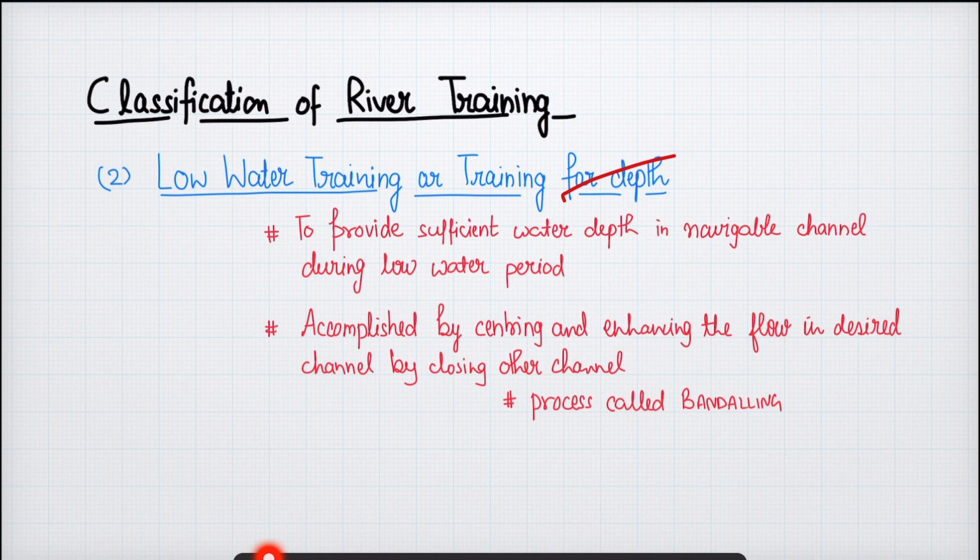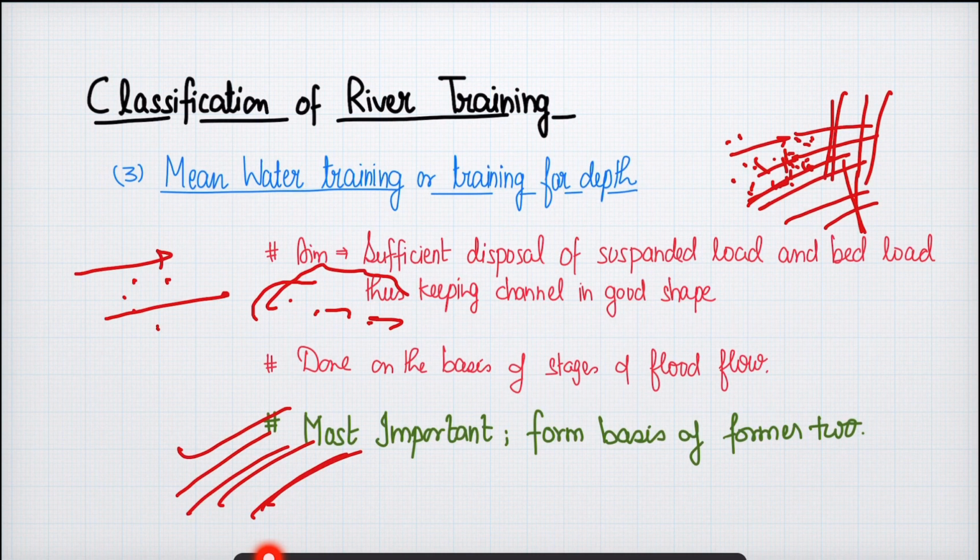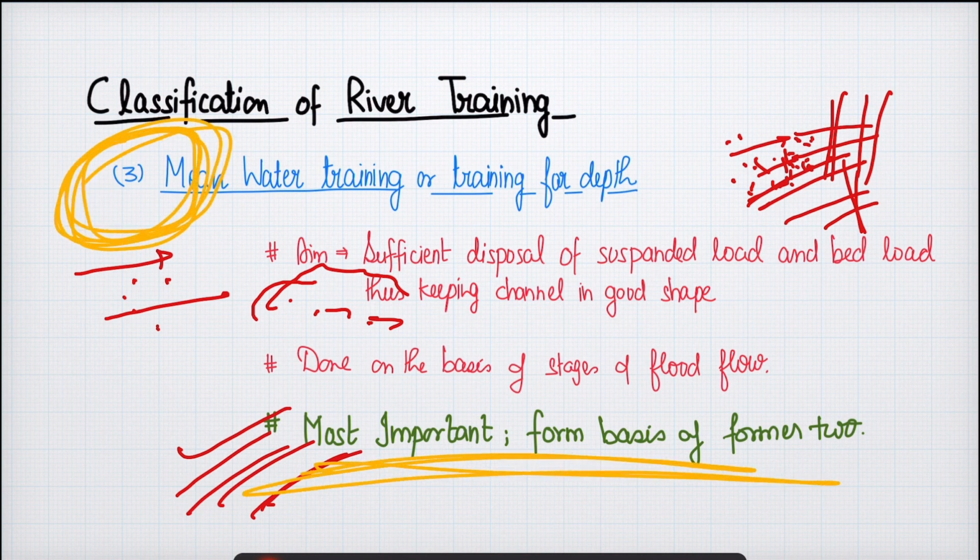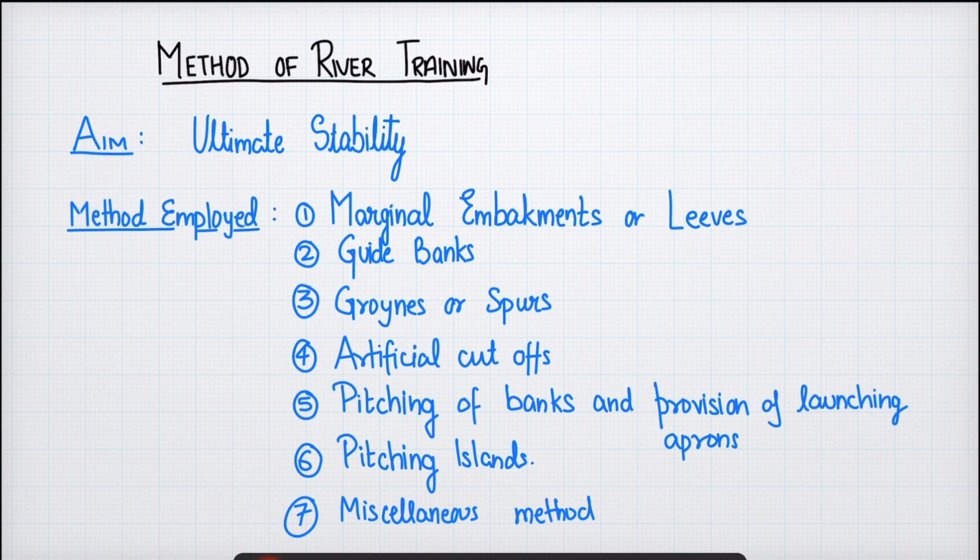Type 2 and type 3 both deal with the training for depth but have different aims. Type 3 is the most important, and it forms the basis for the other two to be laid upon. Okay, so this is all for this lecture, and in the next lecture we are going to discuss each of these types of river training works.